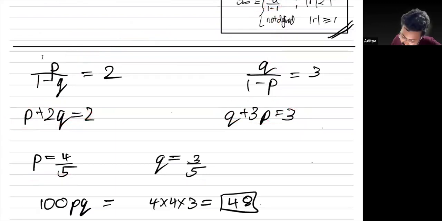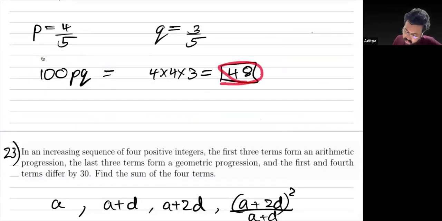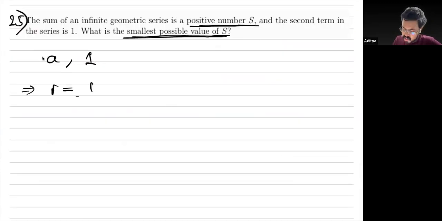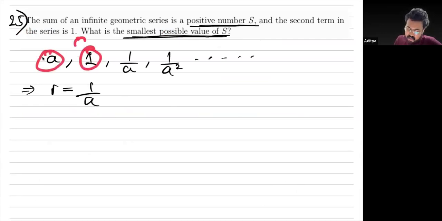So with the first term A, next term is 1. Now from this you get that the common ratio R must be equal to 1 upon A. So the next few terms that you can write are 1 upon A, and so on. This is the first term. Second term is supposed to be AR.